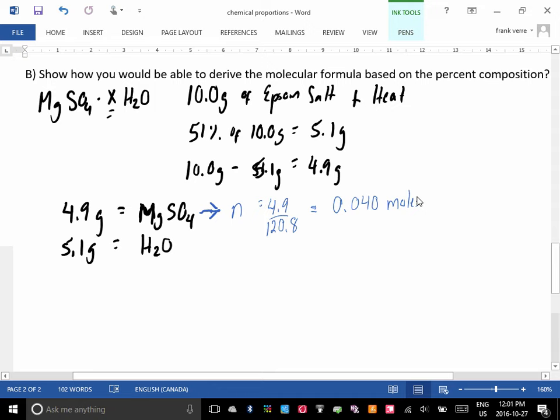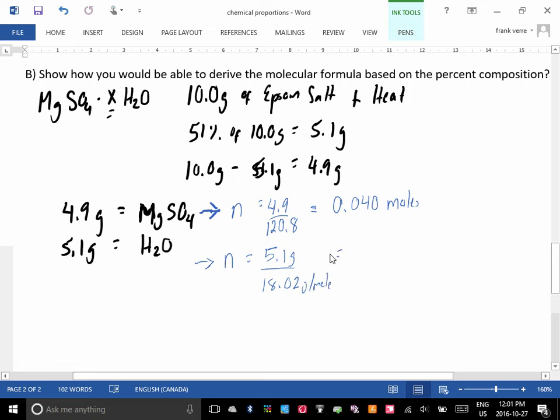Don't worry about it, we're going to leave it at this, okay? Now, 5.1 grams is the water, right? How many moles does that represent? Well, it's the amount of water, 5.1 grams, over the molar mass of water, which was about 18.02 grams per mole.